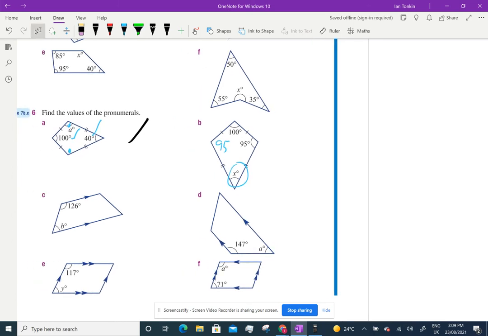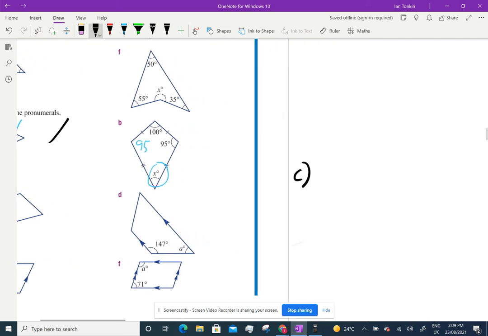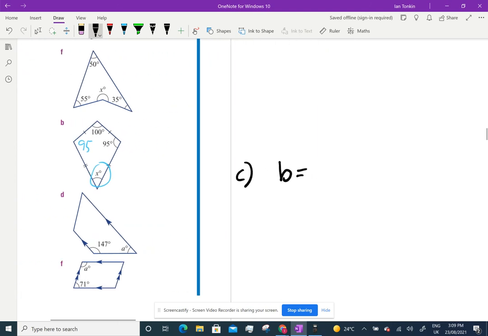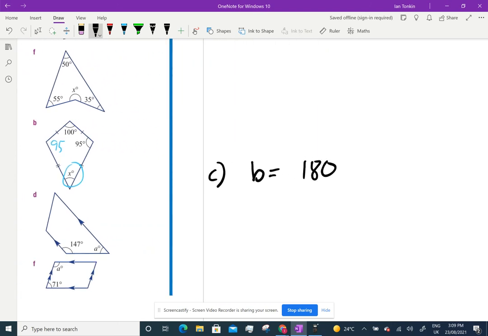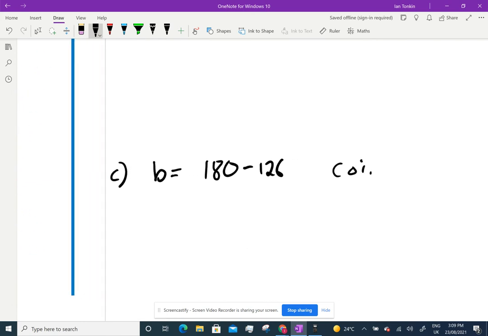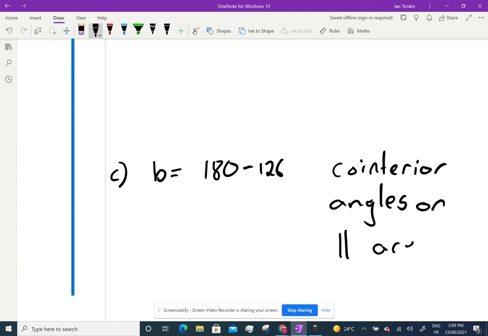Let's have a look at C, D, E, and F. They're all using the co-interior angle rule because they're all parallel. So I'll just do C. So C, you don't even need to know the properties of these shapes, but B equals, because they're co-interior, 180 minus 126, because co-interior angles on parallel lines are supplementary.